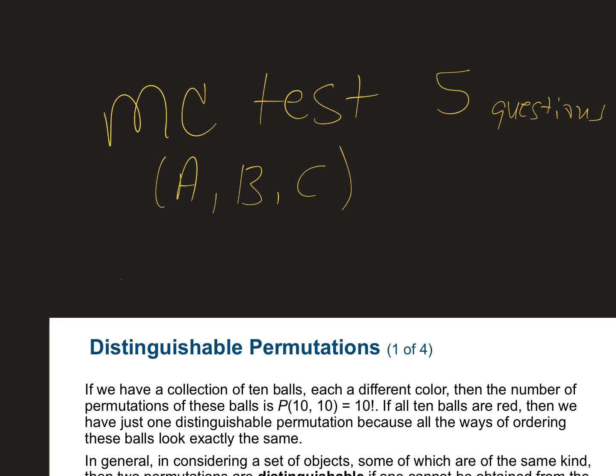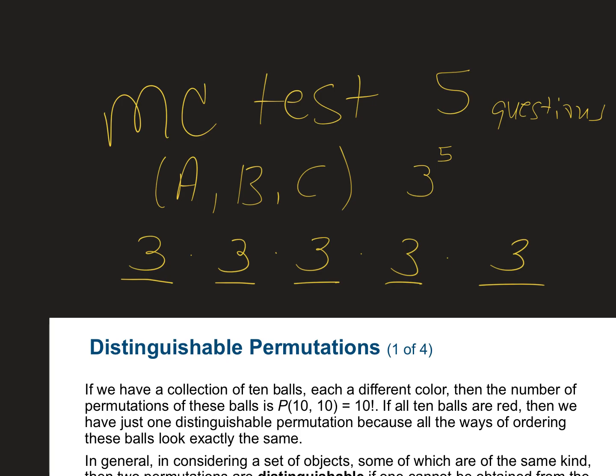There's 5 questions: 1, 2, 3, 4, 5. How many different ways can I answer the first question? 3, right? How many different ways could I answer the second question? 3. What about the third one? Then what would you do with all these numbers? You multiply them. That's the fundamental counting principle. It's 3 to the 5th power. That's how many different ways you could answer that test.